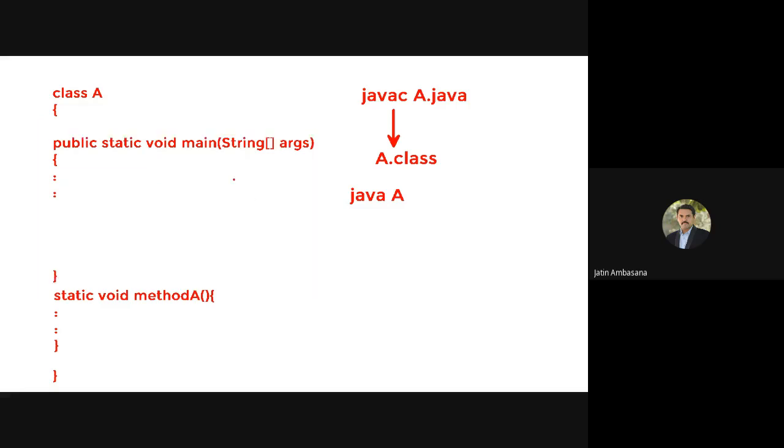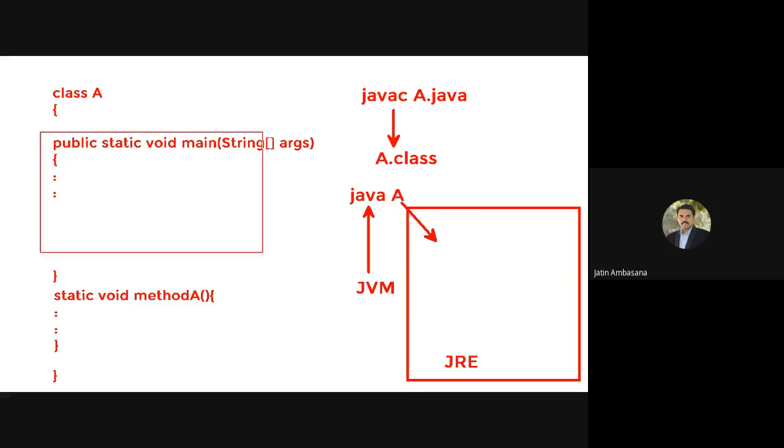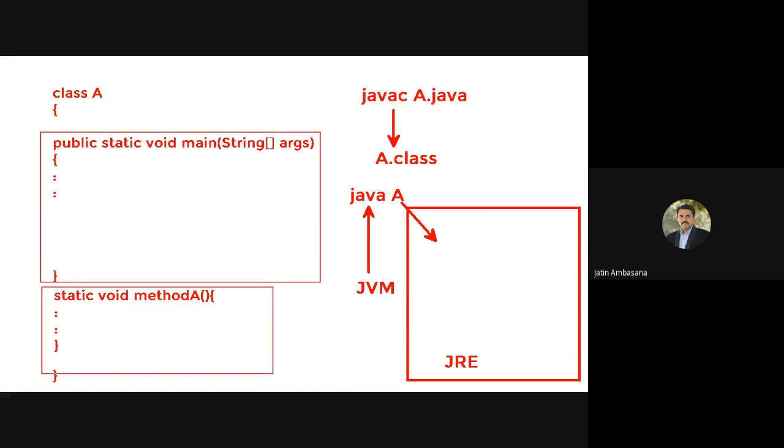And in order to run the main method, this Java command will invoke the JVM, which will load this A class into the Java runtime environment, and inside the Java runtime environment, it executes the threads.